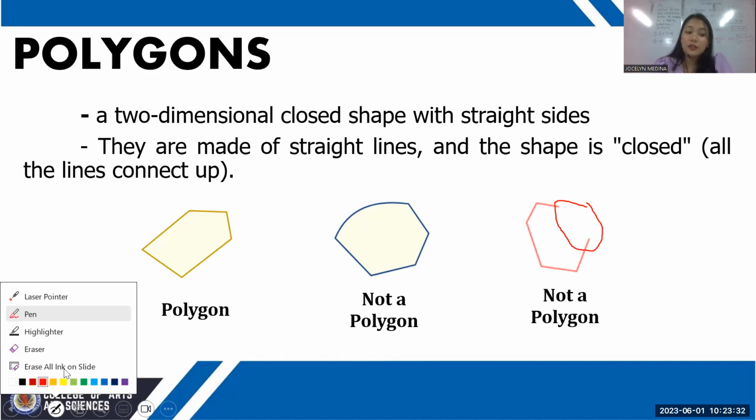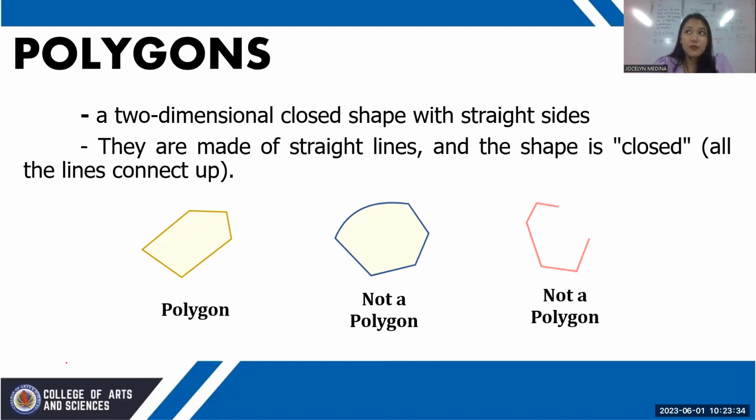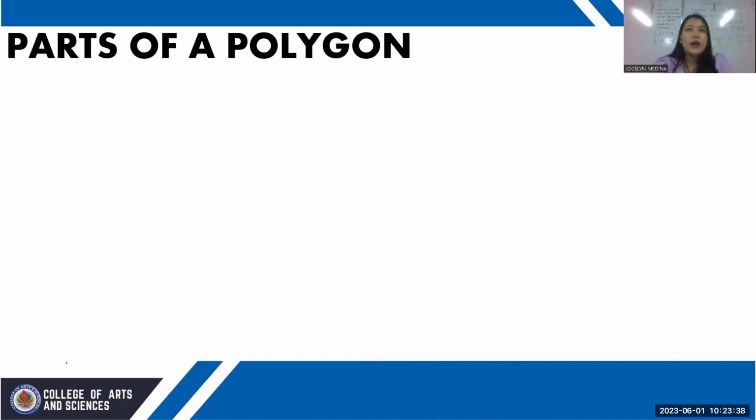Ganun lang yung pag-identify natin if a given figure is a polygon or not. Okay? Now, let's try this figure. Let's see kung polygon ba siya or hindi. Una, straight lines ba lahat? Yes. Closed ba? Yes. So this is a polygon.